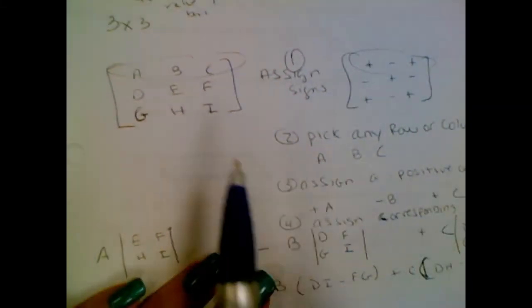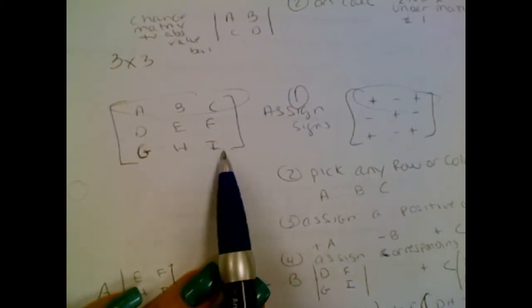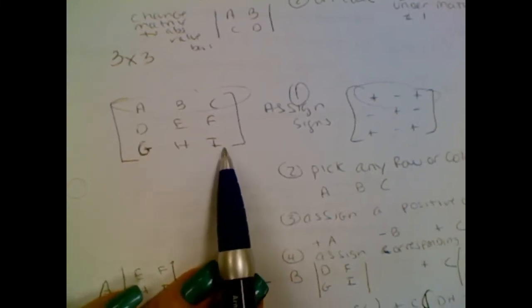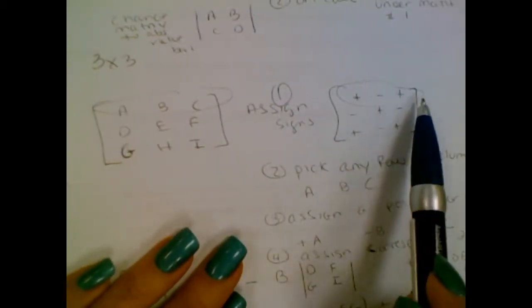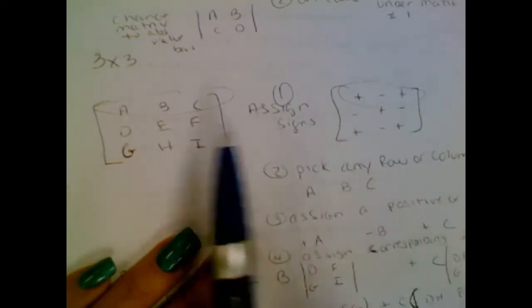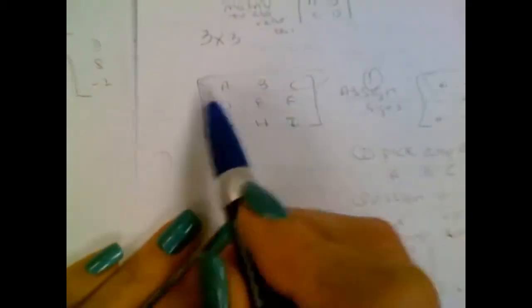Now, if you have a 3 by 3, it gets a little bit trickier. I will be giving you one of these on a non-calculator because it's fun math to me. First of all, there are signs assigned to every member of a matrix. There's sign values. So if you have a 3 by 3, you're going to pick a row or column. It doesn't matter which one.